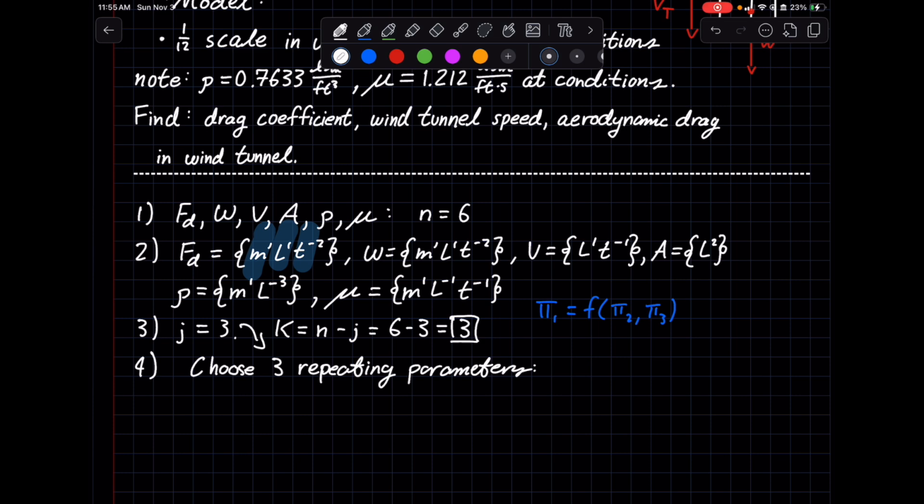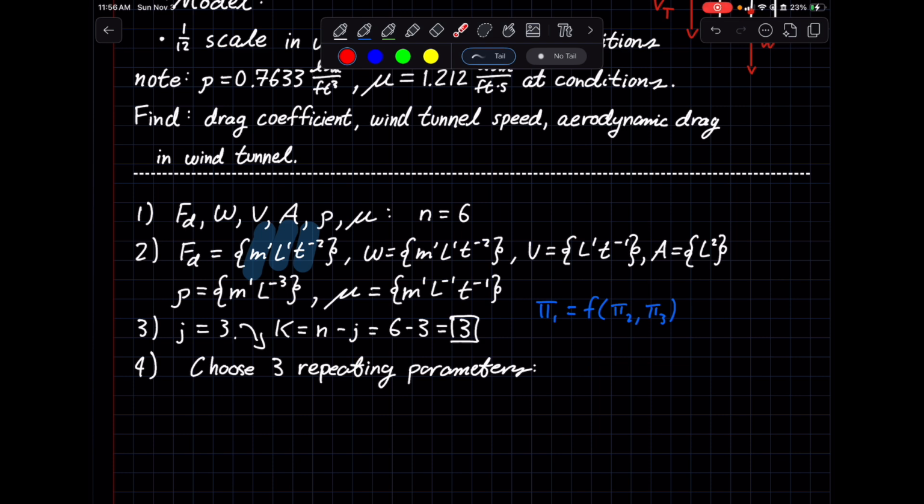What all that means is that we're going to be going through pi 1, pi 2, and pi 3, and we're going to be changing out one of our variables, and the rest of them are going to be our j's. So this will be j1, j2, j3. It'll all make a little bit more sense as we go through the video, but our idea is that we have three primary dimensions we have to keep track of: our mass, our length, and our time.